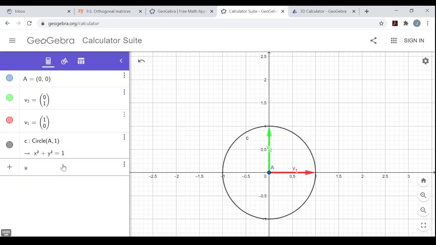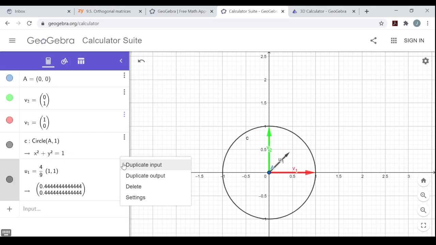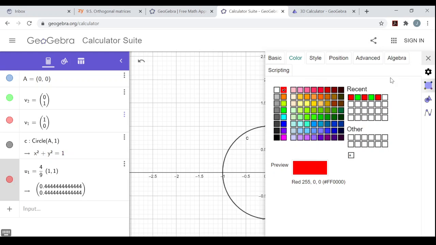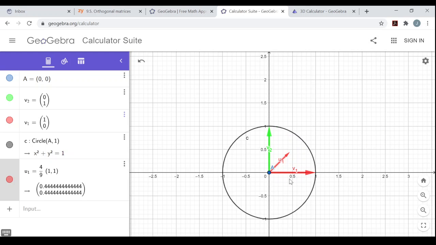So I've got u1 equals 4/9 times the vector 1, 1. And look at that. You see how the length is definitely not preserved? Let me change that to red, because this is where the vector 1, 0 is being mapped to by a transformation represented by this matrix. So v1 would map to u1, and you can see right away the length is not preserved. It's actually shorter than a unit.